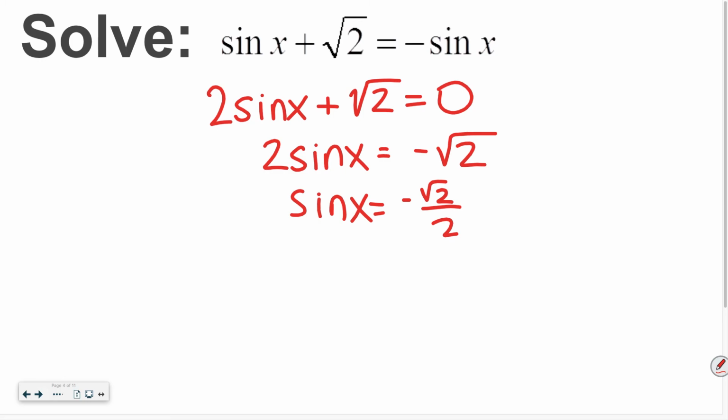Well, now we need to solve for x by using our trig knowledge. So once you get a trig function equals a number, we can now prepare to write our solutions. So on your paper, write down the 2 places on the unit circle where the sine is negative radical 2 over 2.